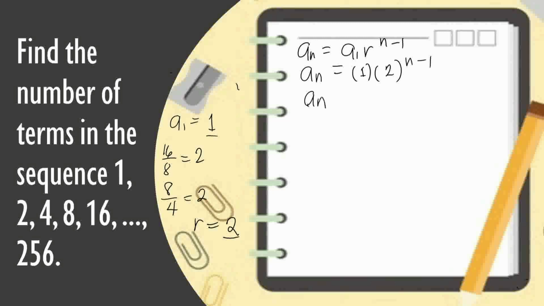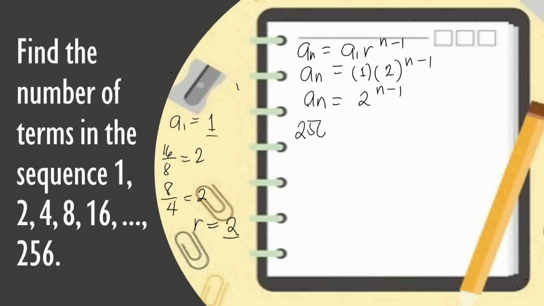So, a sub n is equal to 2 raised to n minus 1. So, since meron tayong last number which is equal to 256, kung pang ilan siya, yun ang ating total number of terms in this sequence. So, hanapin natin kung pang ilan bang term itong 256.